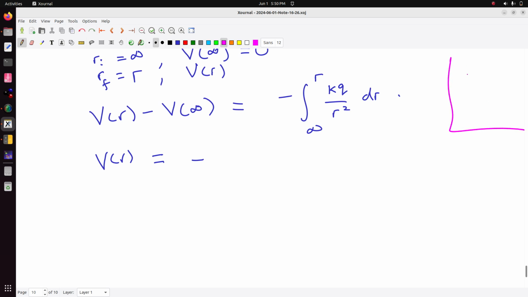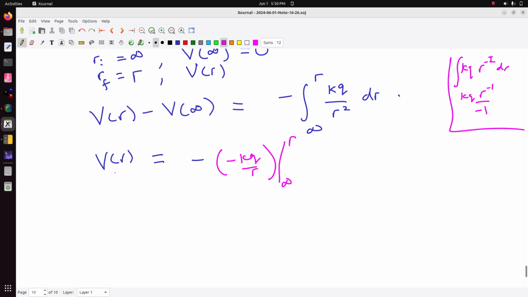It will be kq times the integral of R raised to power minus 2, so that will be kq R raised to power minus 1 over minus 1. So that will be minus kq over R, from R to infinity.